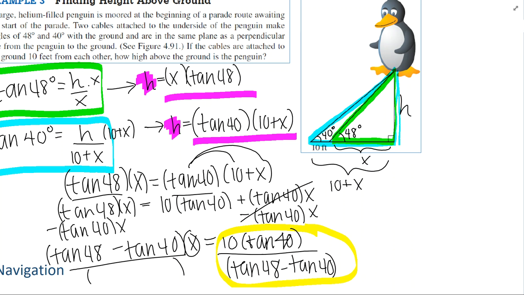Okay, so you're going to have to do some careful calculation. We're going to do a little calculation here. There might be an easier way to do this problem. Feel free to let me know what you think might be the easier way. I'm solving for x and then I'm going to find h. Okay.